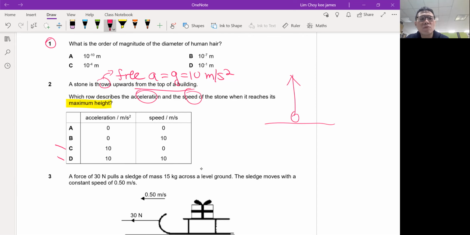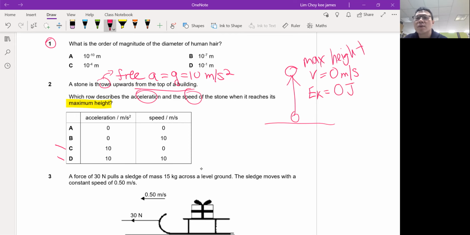This clue tells you that at maximum height, there are several things that occur. The common characteristic at maximum height is that the object will stay there momentarily at rest. So the speed at the maximum height is actually 0 meters per second. It will stop for a while, and the kinetic energy will also be 0 joules because it's not moving.